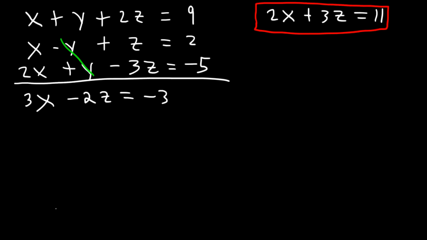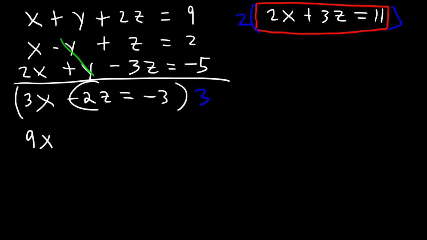Let's cancel the z variables. The least common multiple between 2 and 3 is 6. So let's go ahead and multiply this equation by 3 and this equation by 2. So 3x times 3 is 9x.